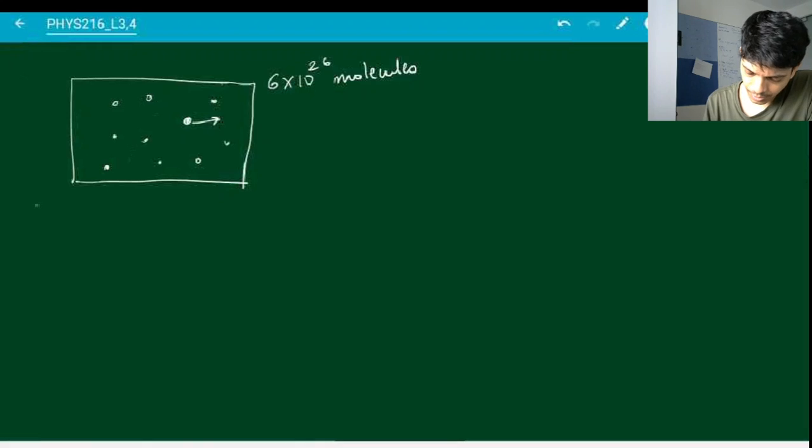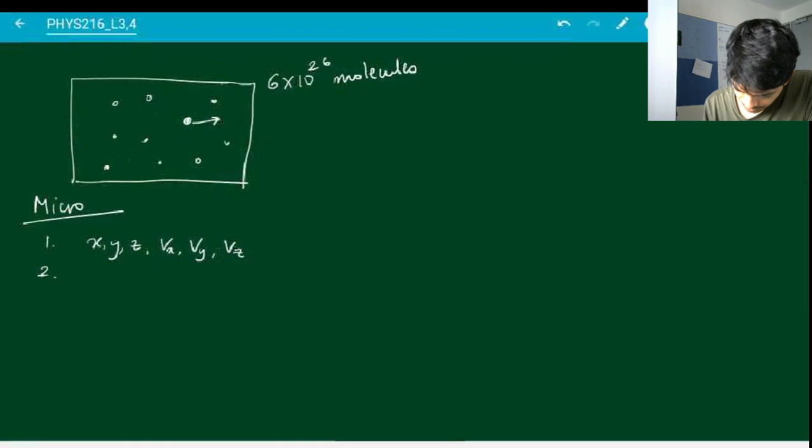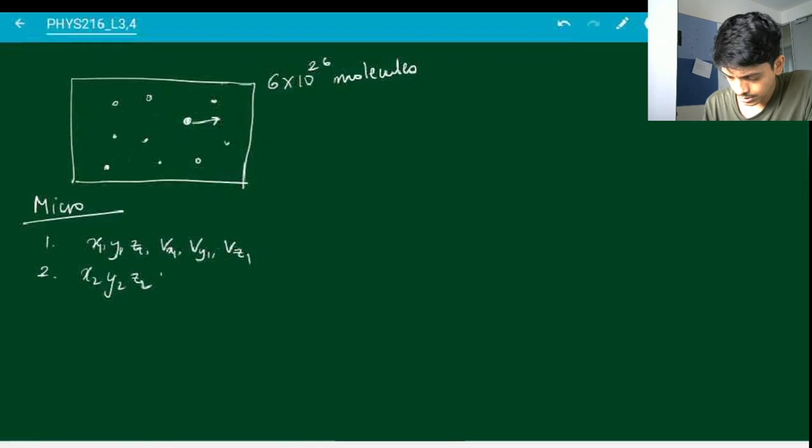So the micro state description would be, okay, particle number 1, its position vector is given by x1, y1, z1, and its velocity vector is given by vx1, vy1, vz1. Then particle number 2 has coordinates x2, y2, z2, and velocity coordinates vx2, vy2, vz2.